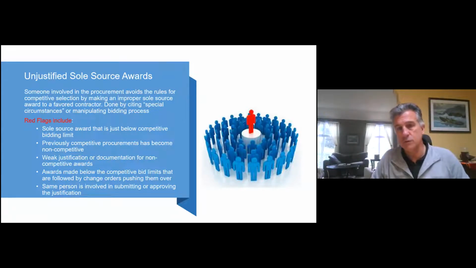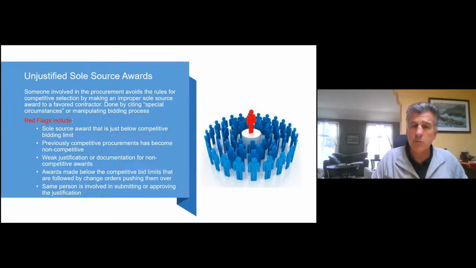Unjustified sole source awards, and Celeste will go into this a little bit later, but this is where someone involved in the procurement avoids the rules for competitive selection by making an improper sole source award to their favored or preferred contractor. This is done by citing special circumstances or otherwise manipulating the bid process. Red flags for this might include sole source award that is just below the competitive bid limit.